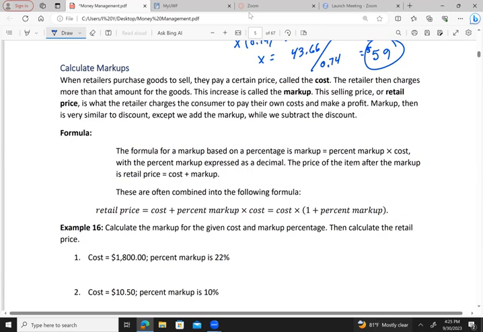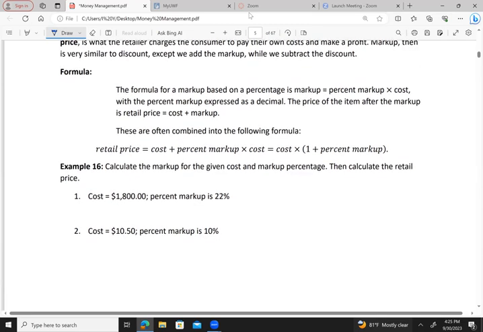Here we're going to just calculate the markup for the given cost and markup percentage. Then we'll calculate the retail price. So we have a 22% markup from $1,800. 1,800 times 0.22 gives us a $396 markup.